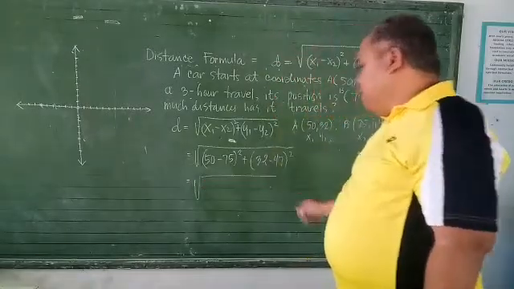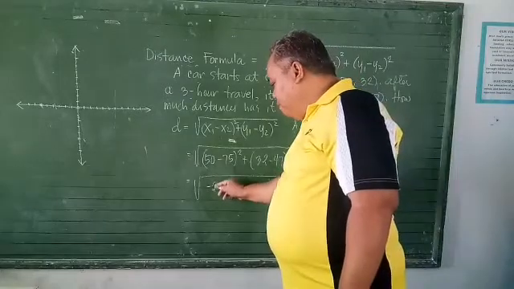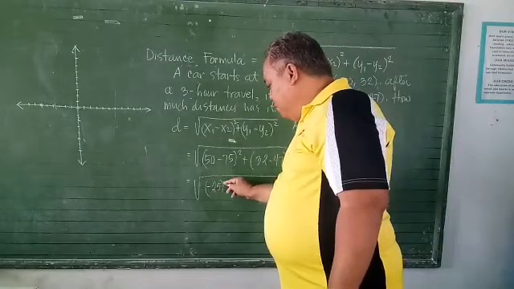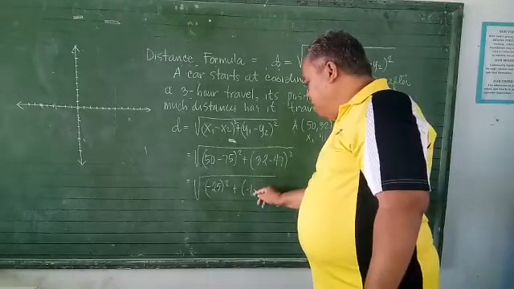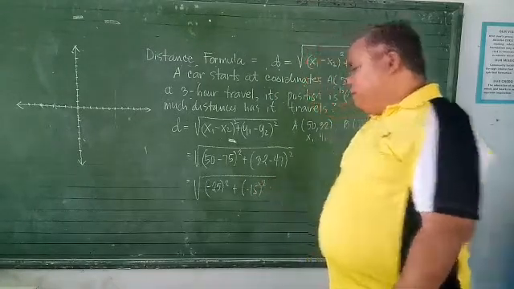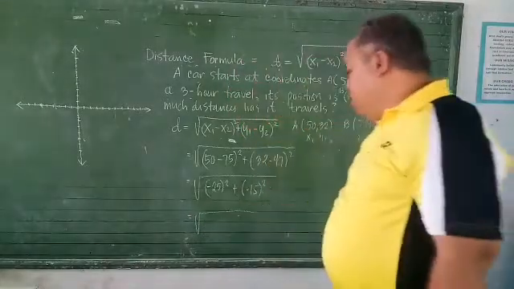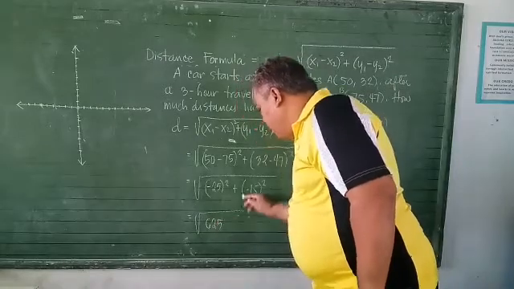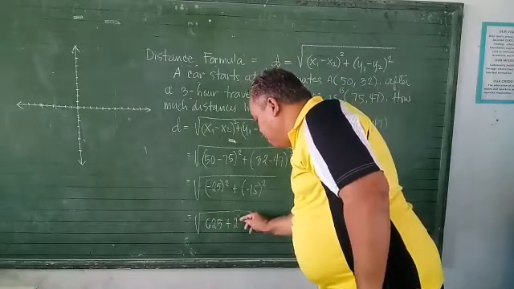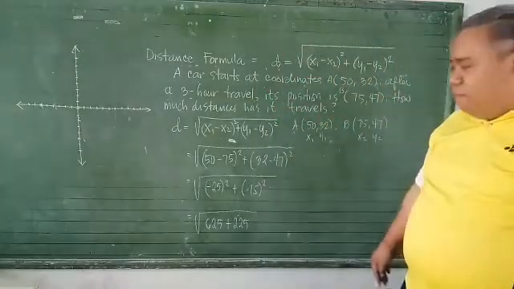We subtract 50 minus 75, and that is negative 25 squared, then plus negative 15 squared. Now squaring both quantities, this is 625 and this is plus 225. Remember that the square of a negative number gives you a positive number.